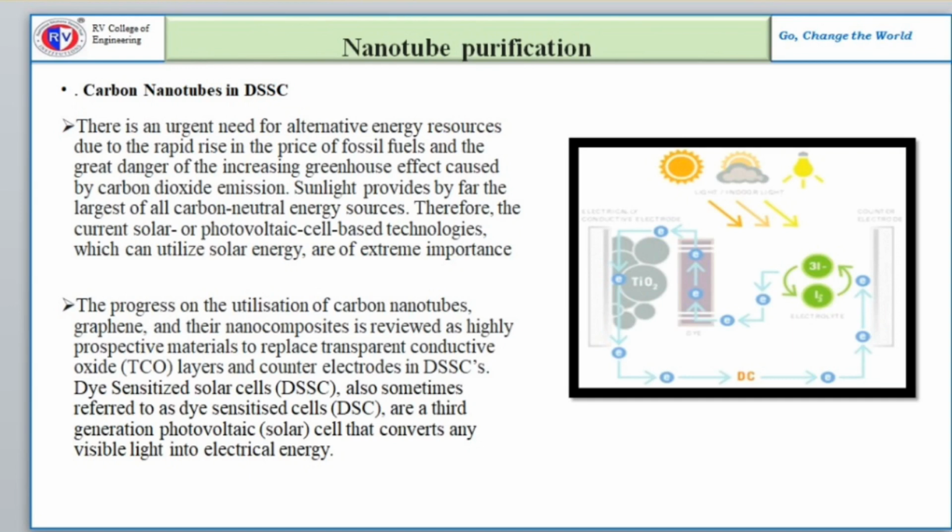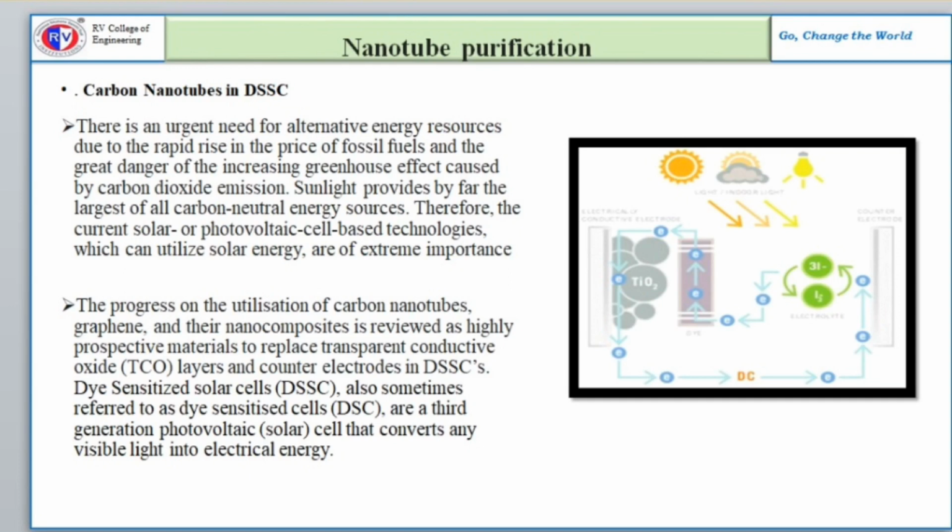So, sunlight provides by far the largest of the carbon neutral energy sources. Therefore, the current solar or photovoltaic cell based technologies which can utilize solar energy are of extreme importance.